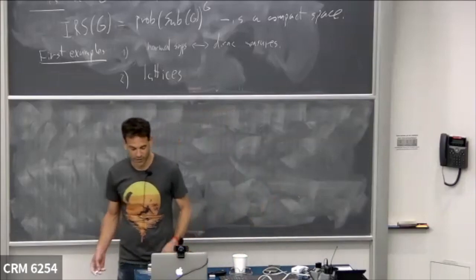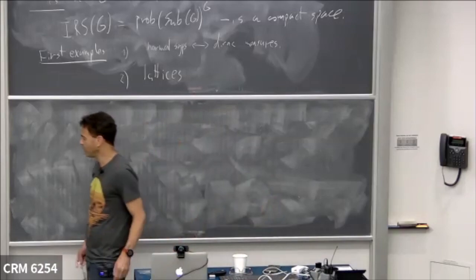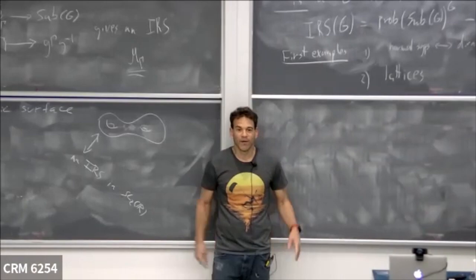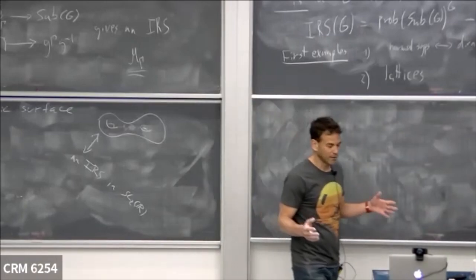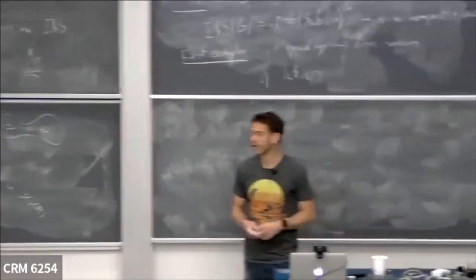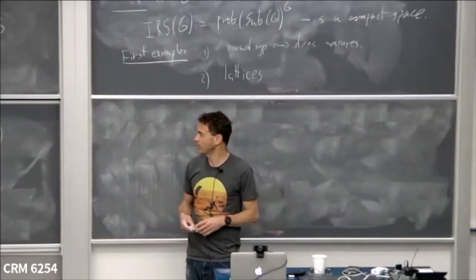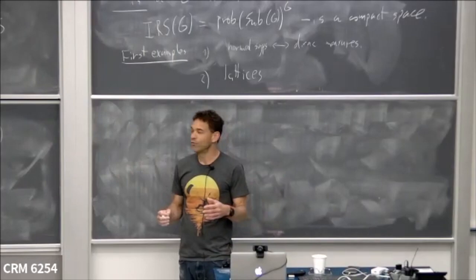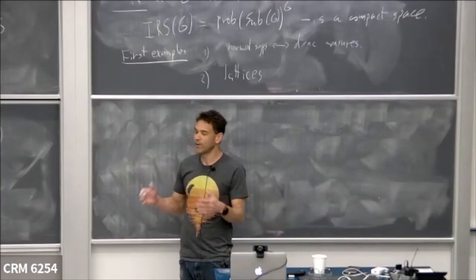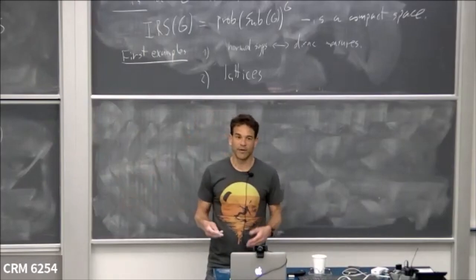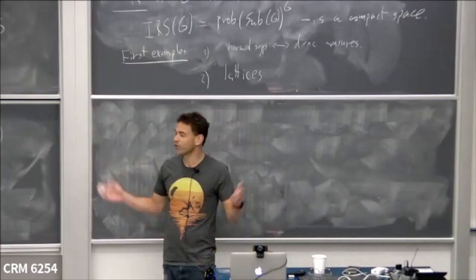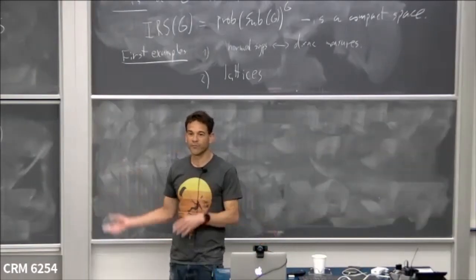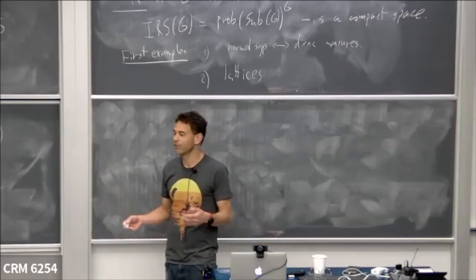So one of the classical theorems about lattices is the Borel density theorem. When we think about lattices, the philosophy that I like is that lattices are a discrete approximation of G. So if gamma is a lattice in G, then they resemble each other. For instance, in general, G is amenable if and only if gamma is amenable, G has property T if and only if gamma has property T, and so on.